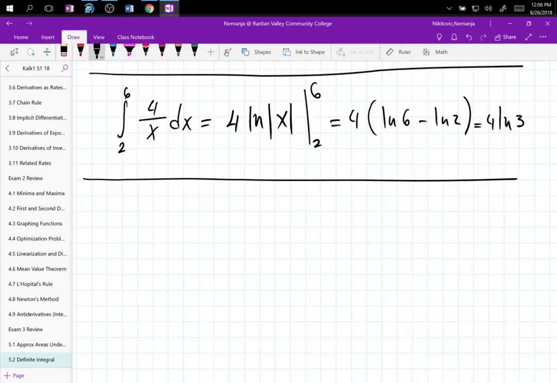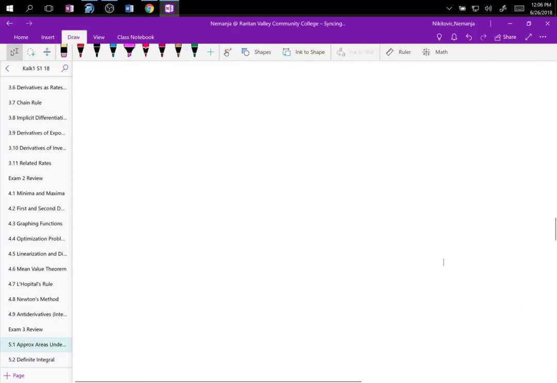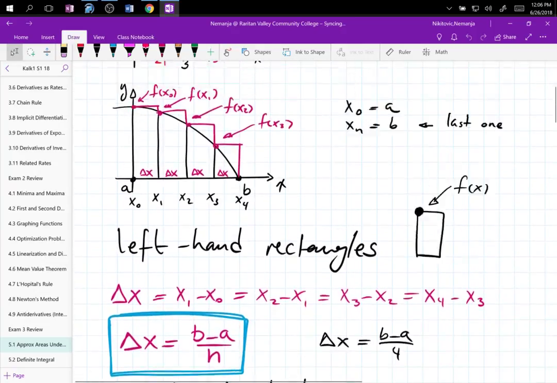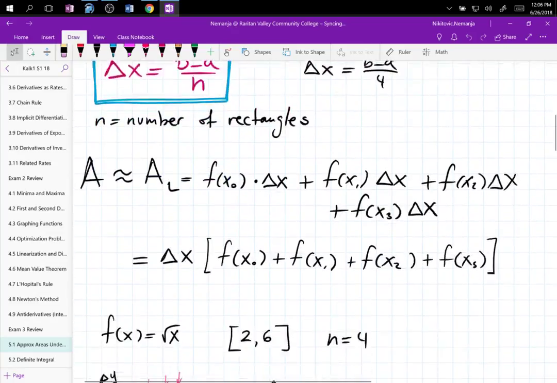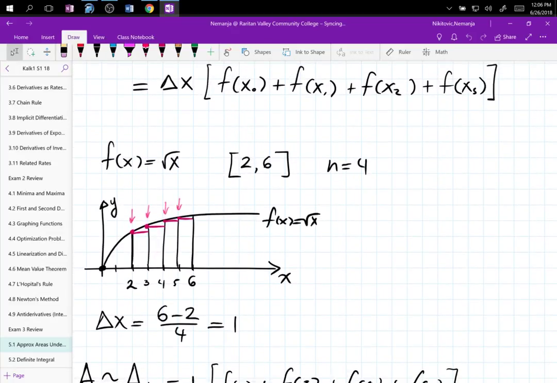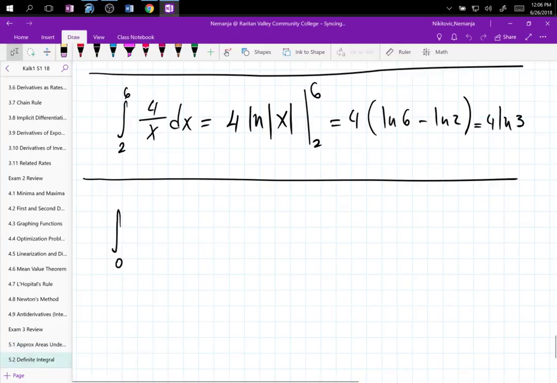The next problem, say 0 to... Let me go back to our previous lecture and see what we used to do here. It was 2 to 6. Not all limits are 2 to 6, okay?